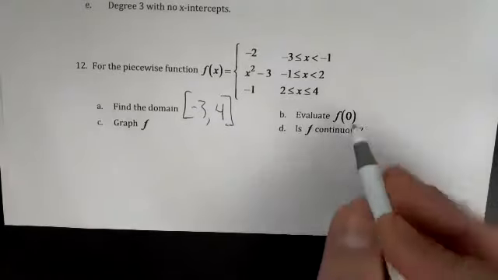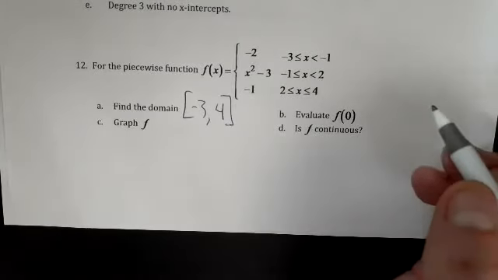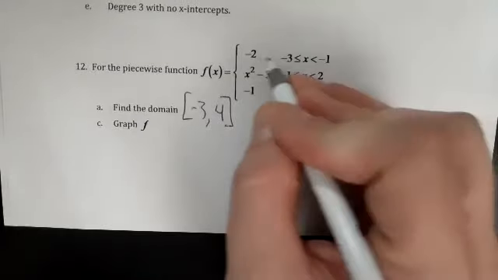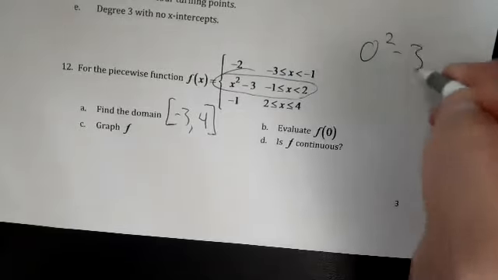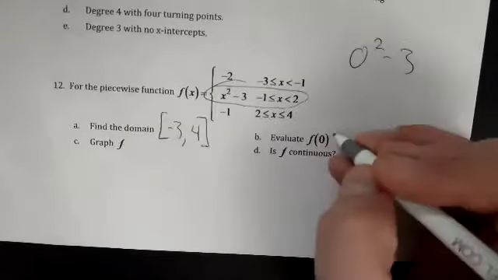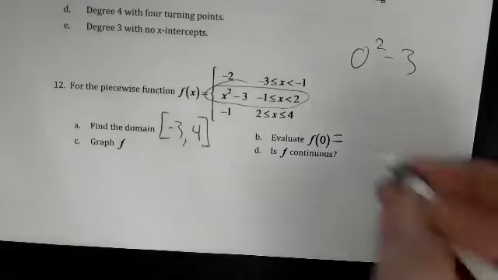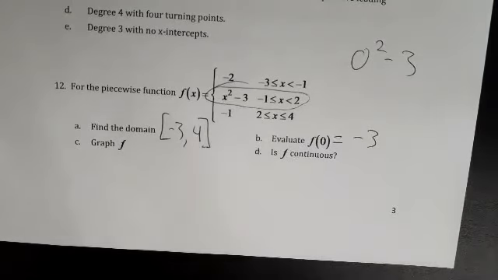So my 0 falls in the second piece, right here. If I want to evaluate f of 0, that's going to be -3. That's what happens when I plug in 0 to x squared minus 3.